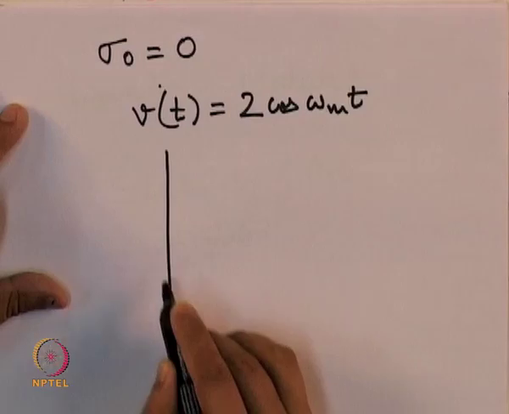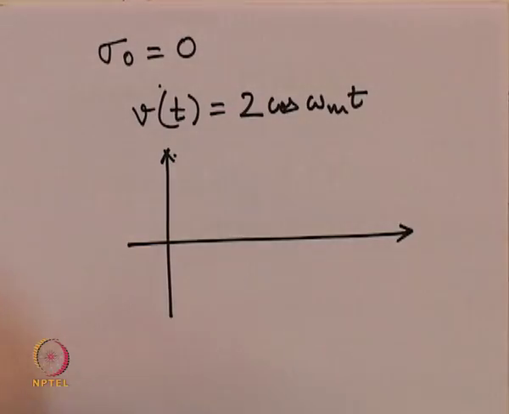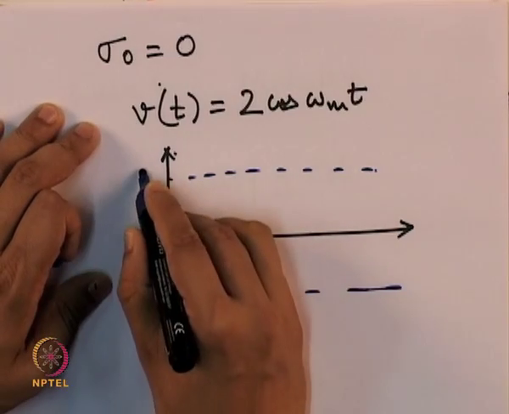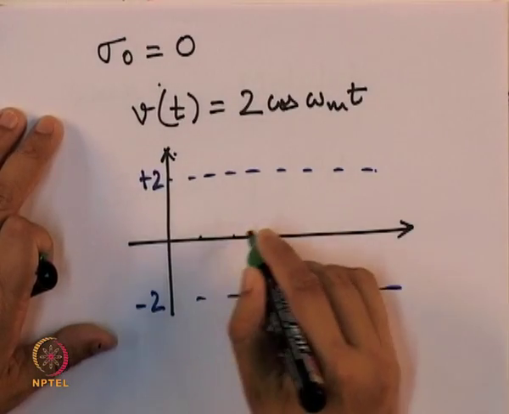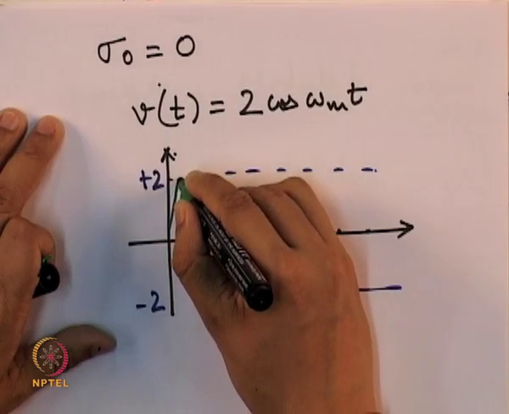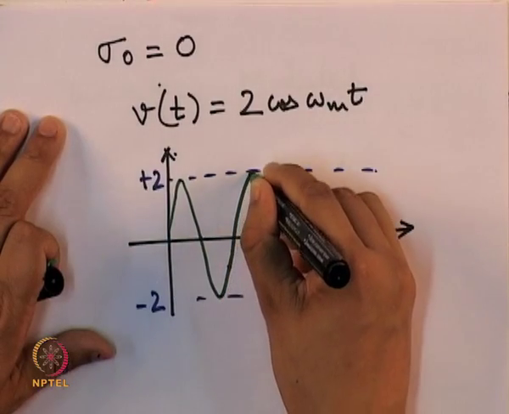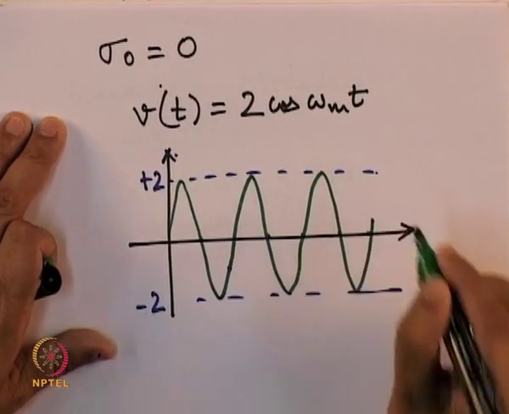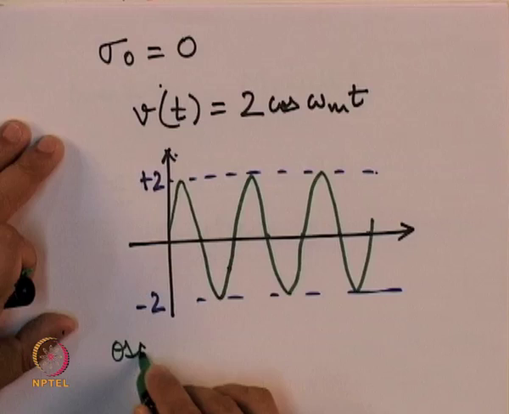So, the output response will be like this then. This type of system is called oscillatory.